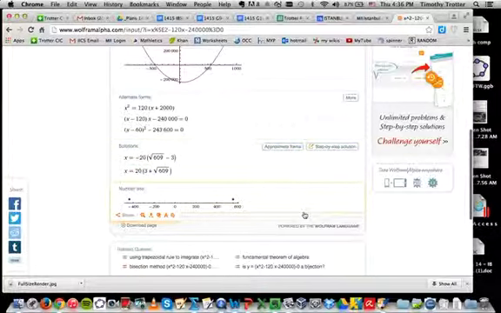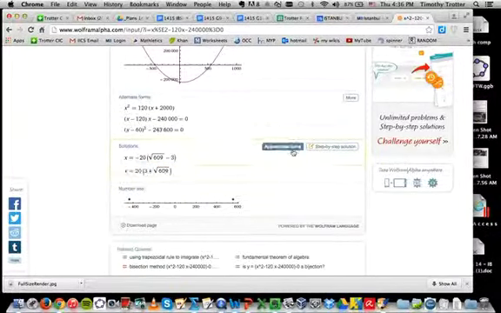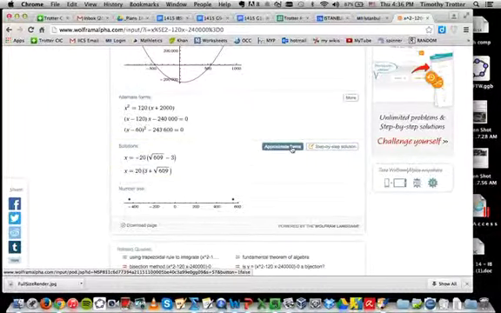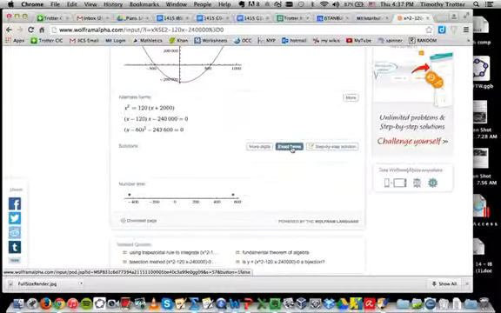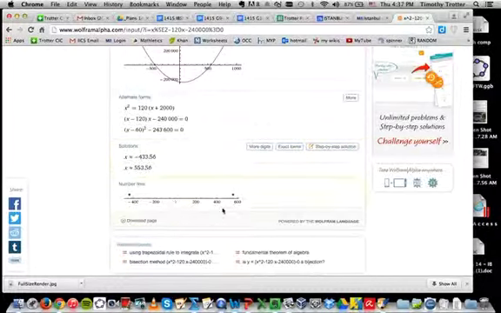This is of course the exact solution, which means no decimals. But this is a word problem that needs decimals, so I hit approximate forms, and this is the answer that it gives. We don't need the negative root, so we stick with this 553.56.